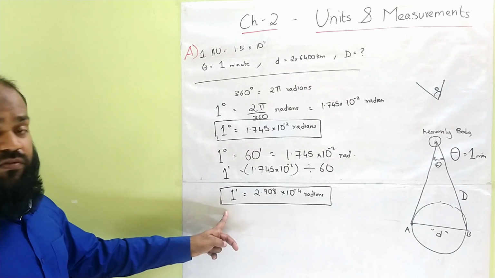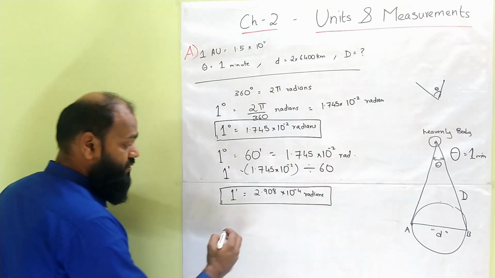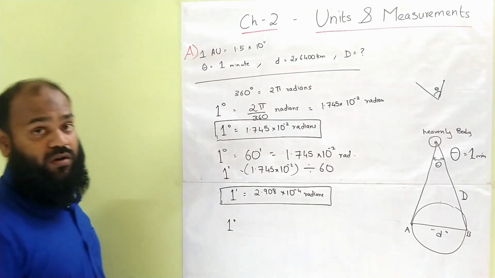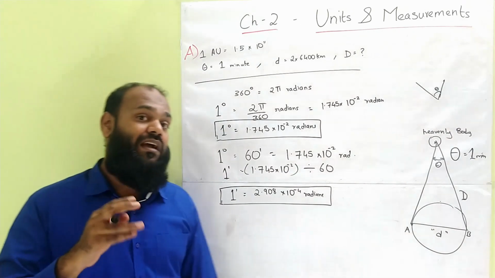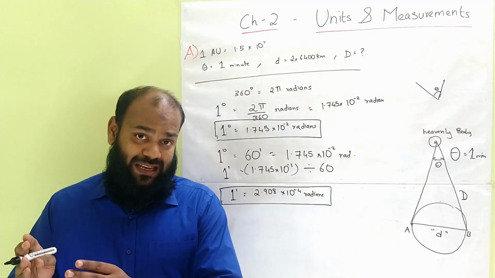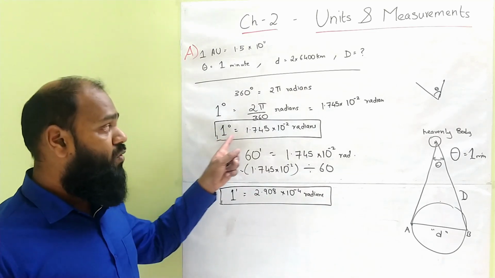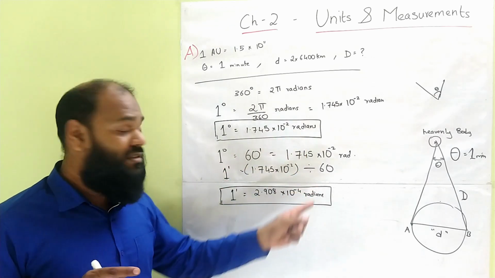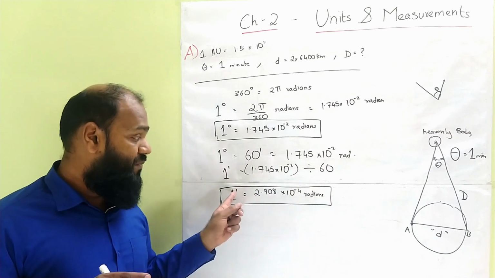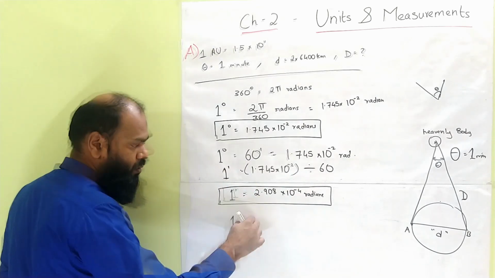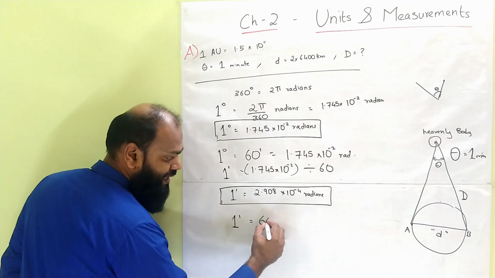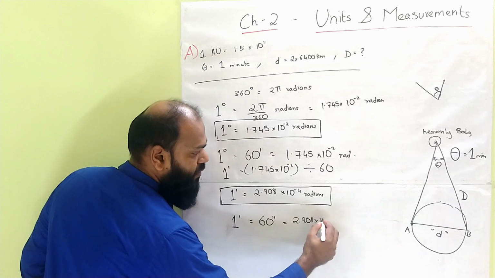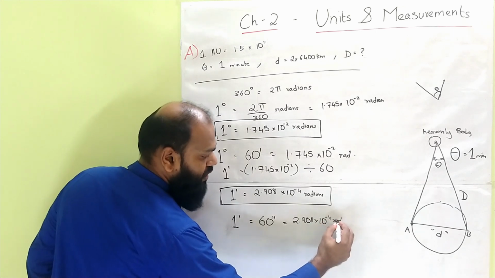All right. Now what we are going to find out is 1 second. We know that angles are measured in degrees, minutes, seconds, etc. We have found what a degree is in terms of radians. We have found out what a minute is in terms of radians. Now we need to find out what a second is in terms of radians. 1 minute is equal to 60 seconds, which is 2.908 × 10^-4 radians.